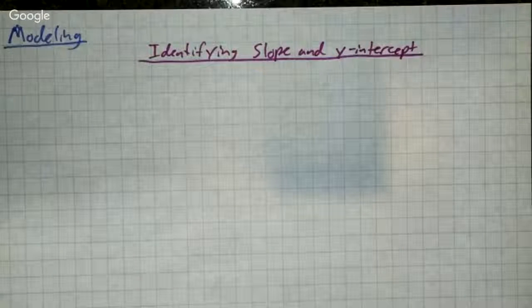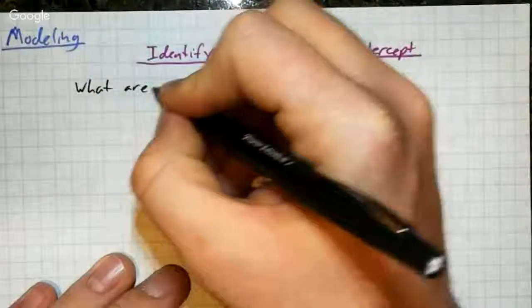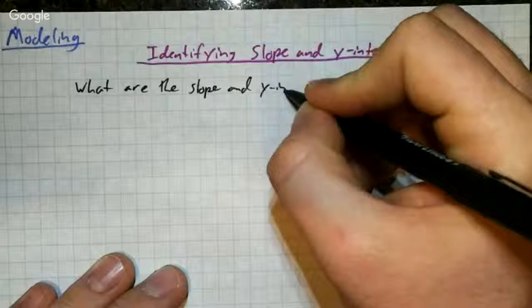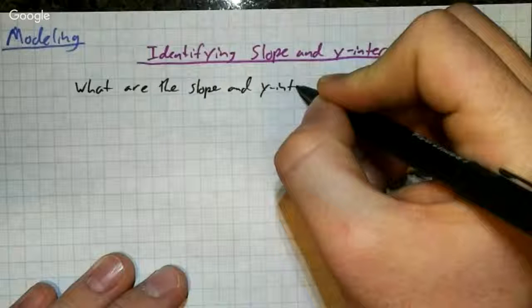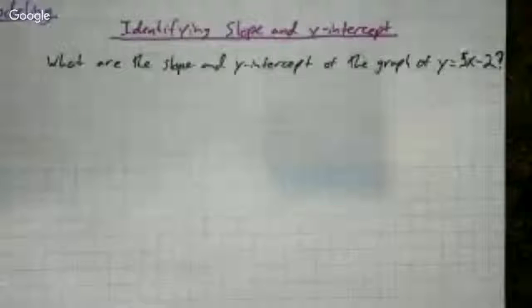Okay, so I'm going to write down a sample question. What are the slope and y-intercept of y equals... an equation which is already in slope-intercept form, luckily enough, and decide what is the slope and what is the y-intercept.